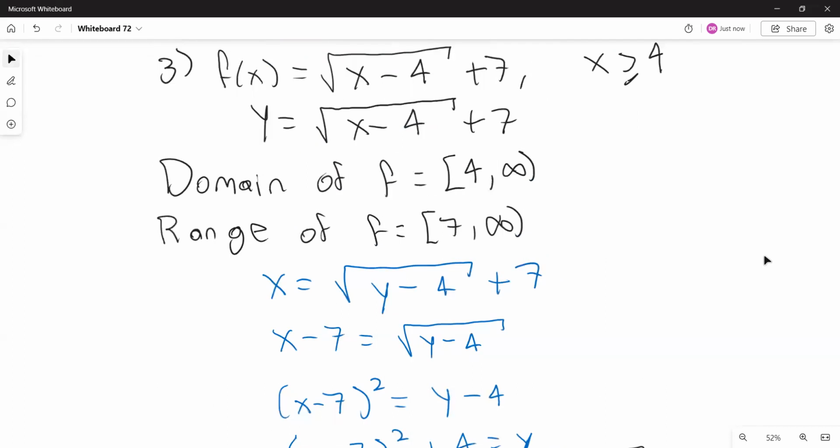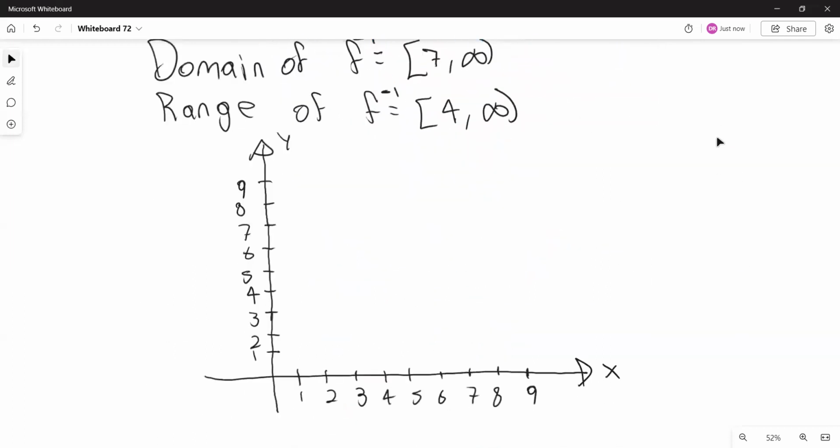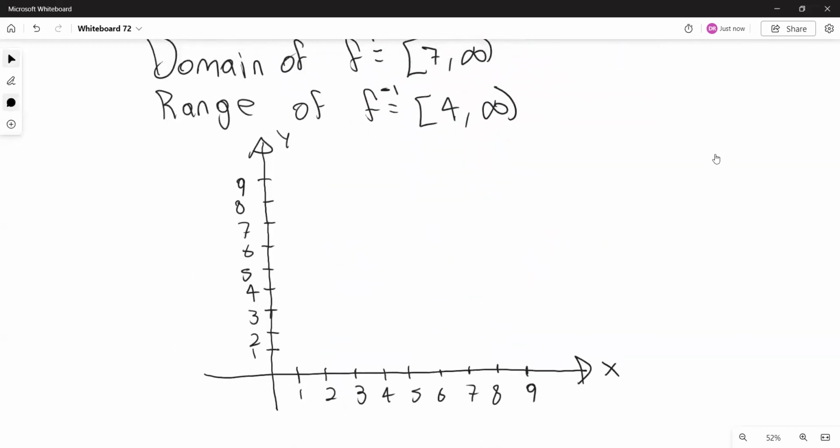So the graph is going to be the graph of the square root function shifted 4 units to the right and 7 units up. So that is going to pass through the point 4, 7, through 5, 8, and the other one is going to be 8, 9.